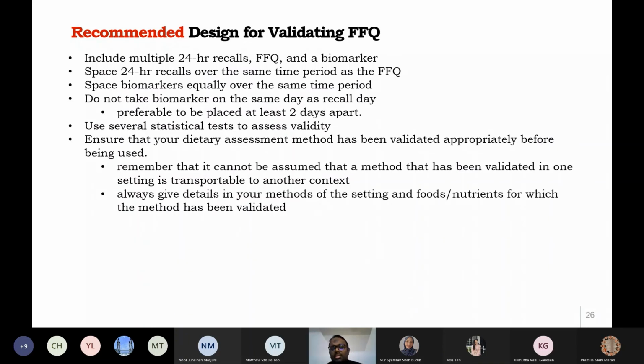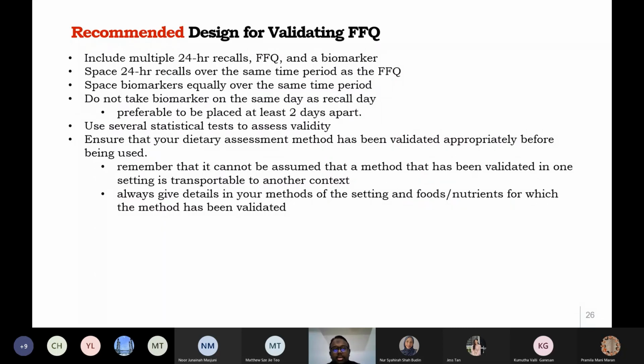So besides paired t-test, you have correlation. You can do Spearman or Pearson correlation depending on the normality of data. You can also do Bland-Altman statistics if anybody has heard that before.